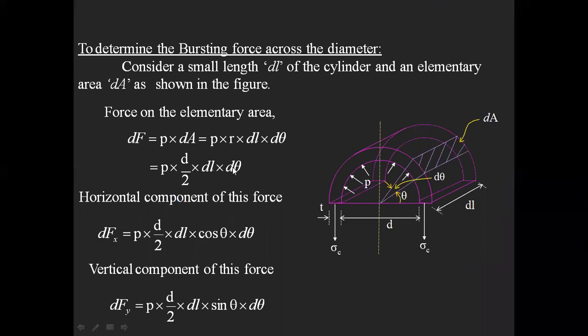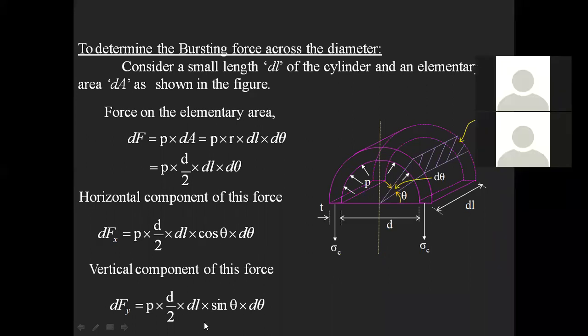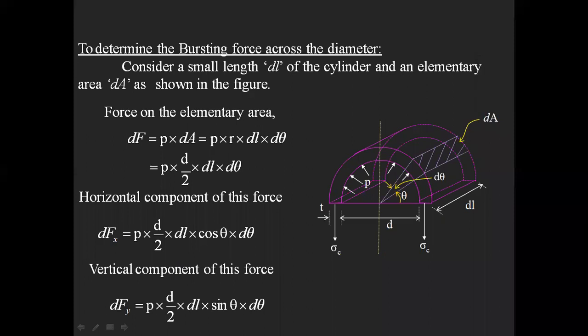The horizontal force will be P into d by 2 into dl into cos theta into d theta, and the vertical force will be P into d by 2 into dl into sin theta into d theta. That is what we did in the previous class.